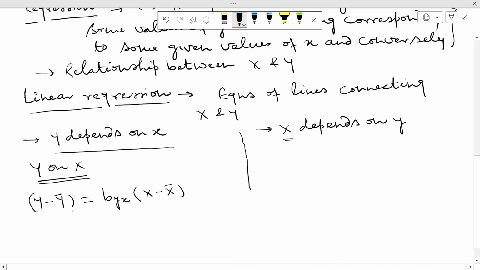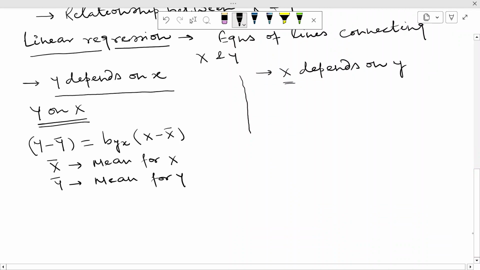Here y bar and x bar are the means, x bar is the mean for the variable x, y bar is the mean for the variable y, and byx is the regression coefficient for y on x.